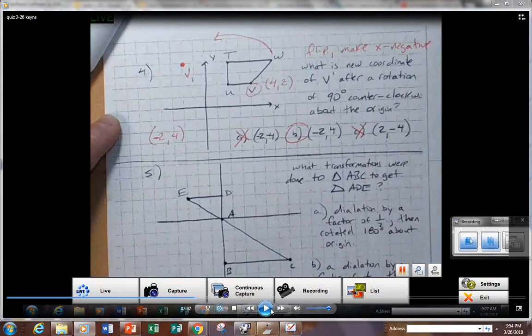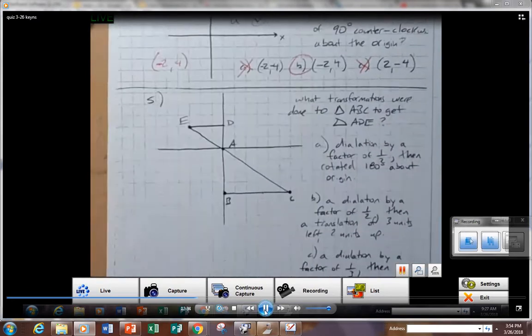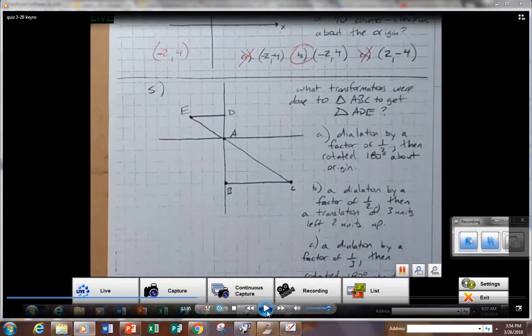All right, this one in my eyes is the hardest one on the test, I believe. But again, when I'm looking at this, I'm looking at this point right here and what's happening right here. I can see that this is 1, 2, 3, 4, 5, 6, negative 4, and this is negative 3, 2. So that alone, being 6 and negative 4 and negative 3 and 2, I can see that this original is being cut in half.